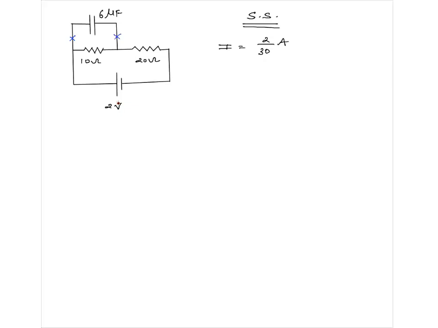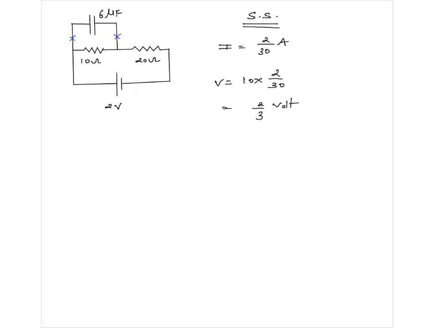We want charge on the capacitor at steady state. Once you know current, what would be the potential difference across these 2 points? 10 times 2 by 30, which is 2 by 3 volts.